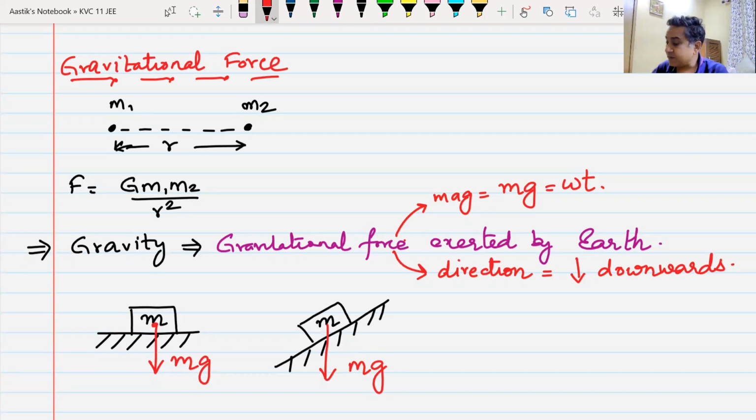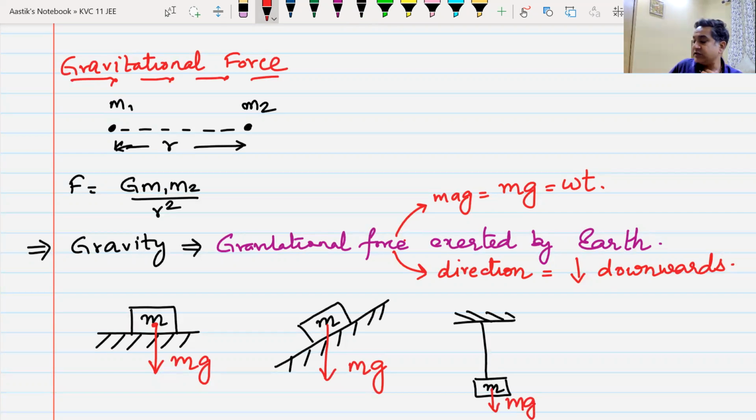It might be kept on a block, it might be hanging from something. One force which always acts on it is the gravitational force mg, and it has to be always drawn vertically downwards.